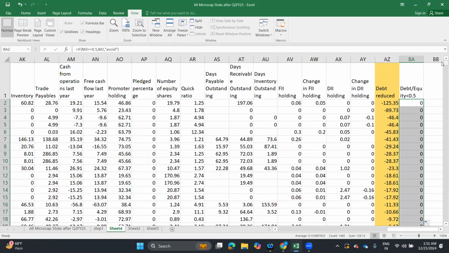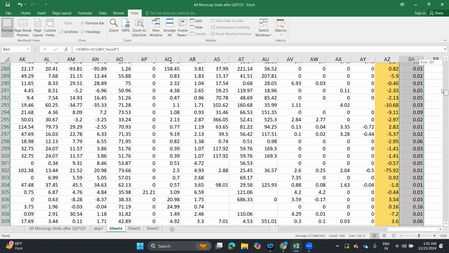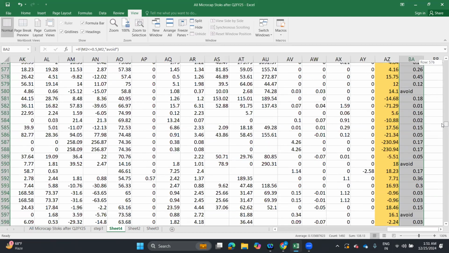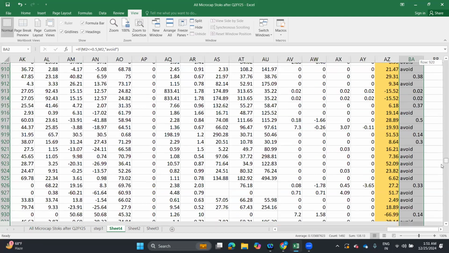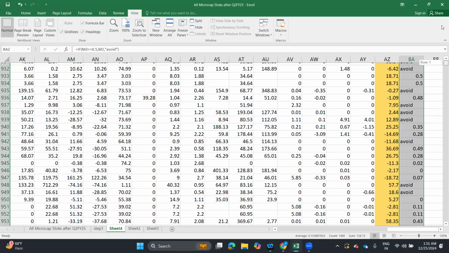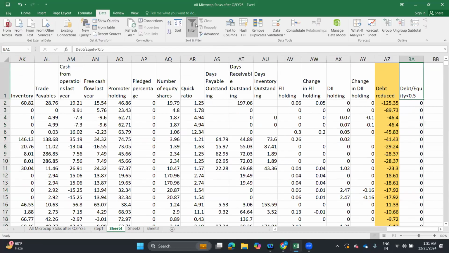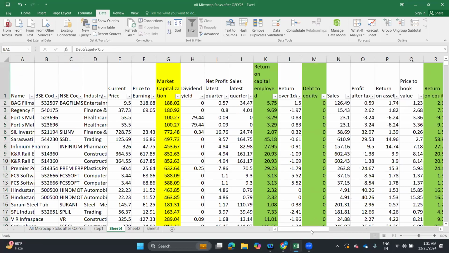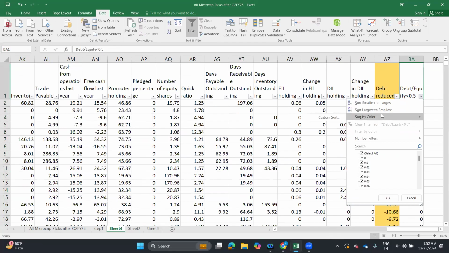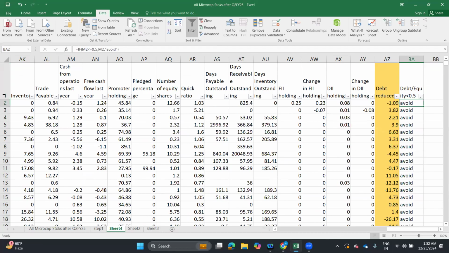See, these are showing so many stocks are there. So better filter it. Go to data, filter, and eliminate those avoid wala. ठीक है, largest to smallest.